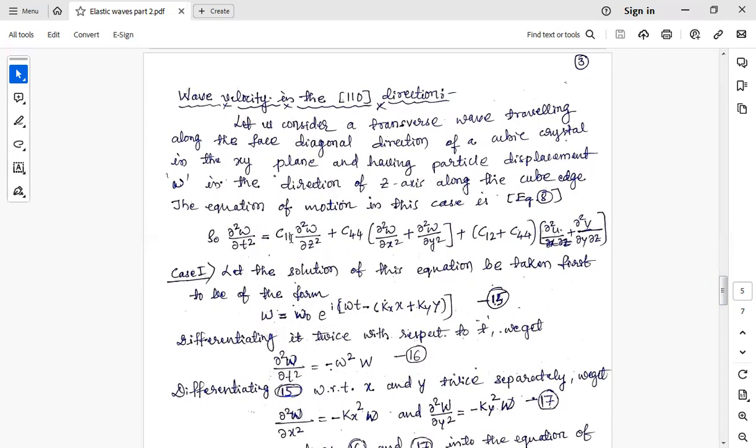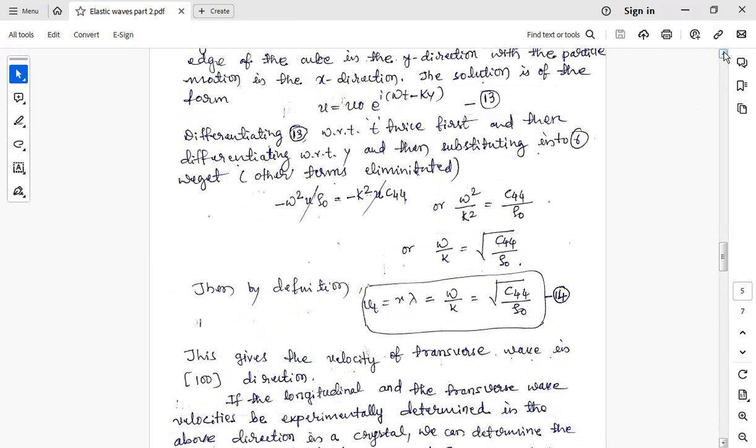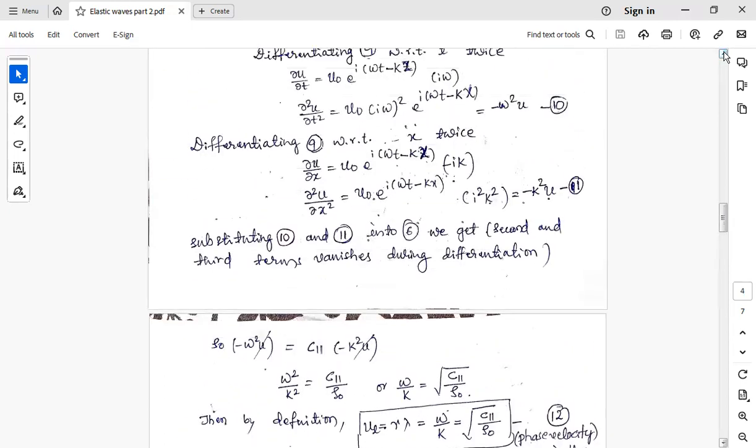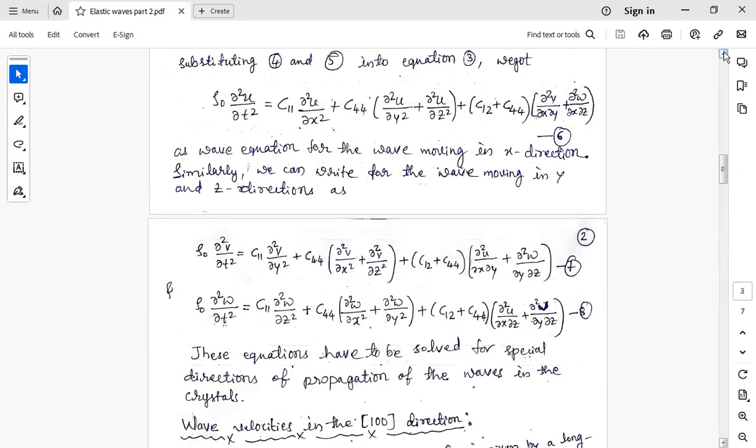So that is why we will have to make use of the wave equation for the z-axis. That means equations 6, 7, and 8, which we obtained in the earlier general discussion. So these are the wave equations.